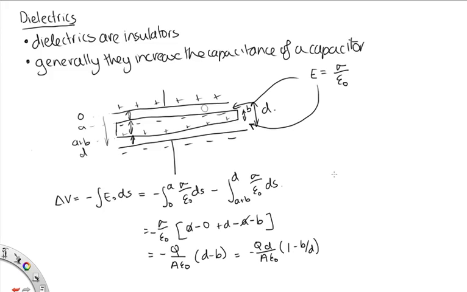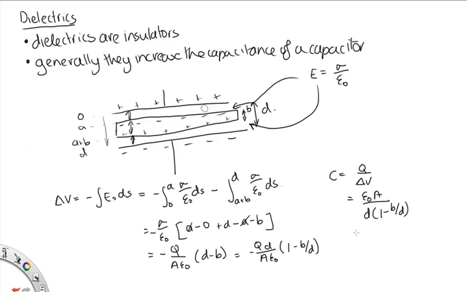So to get our capacitance in this case, C is equal to Q over delta V, and so this is equal to epsilon naught A over d times 1 over 1 minus b on d. So you can see the capacitance has actually increased, because 1 minus b on d is some number between 0 and 1, as b has to be less than d.